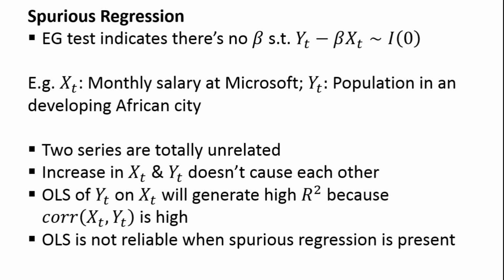The increase in xt and yt doesn't cause each other. But ordinary least squares of yt on xt will generate a high R square because the calculated correlation between the two variables is high, but ordinary least squares is not reliable when spurious regression is present.